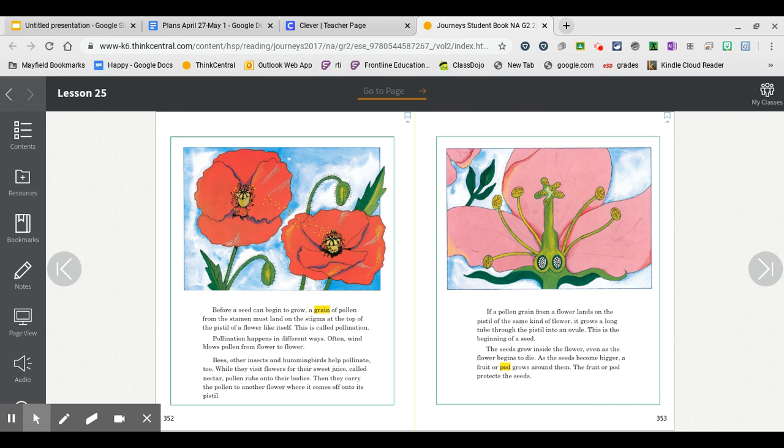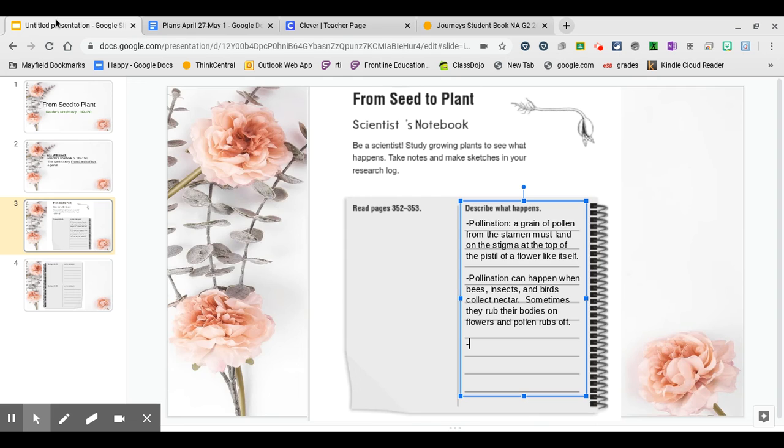As the seeds become bigger, a fruit or pod grows around them. The fruit or pod protects the seed. What was this page mostly about? On 352, we learned about pollination and how pollen gets distributed. What did we learn about here on page 353? Yes, we learned about how seeds grow.